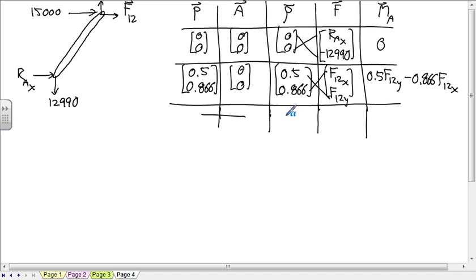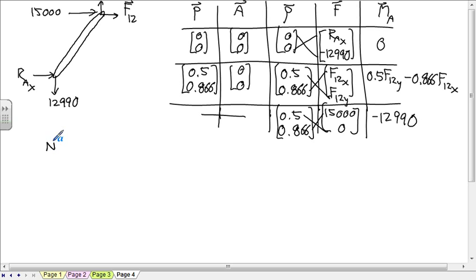So these are both going to be the same. We're going to end up with the same row vector. The force is 15,000, 0. And so 0.5 times 0 minus 0.866 times 15,000 is negative 12,990.